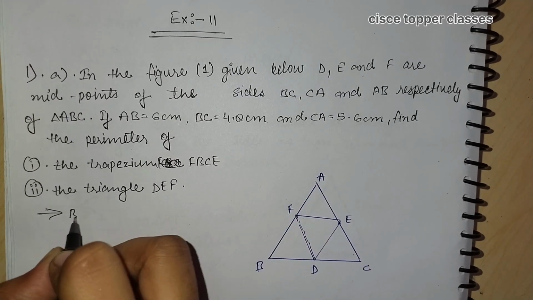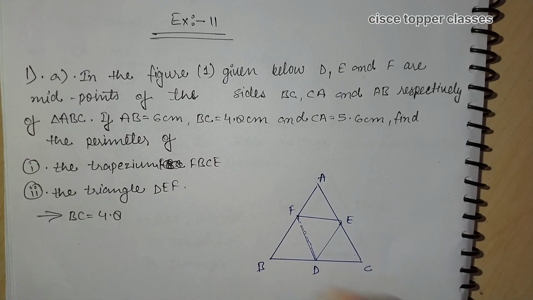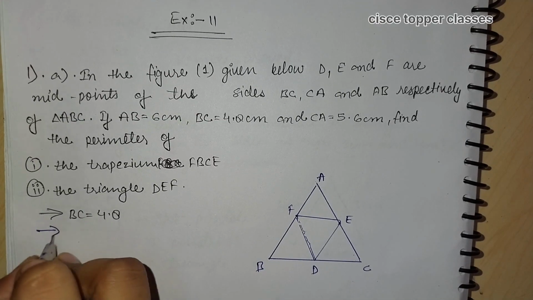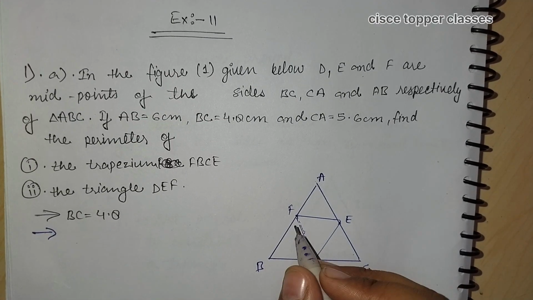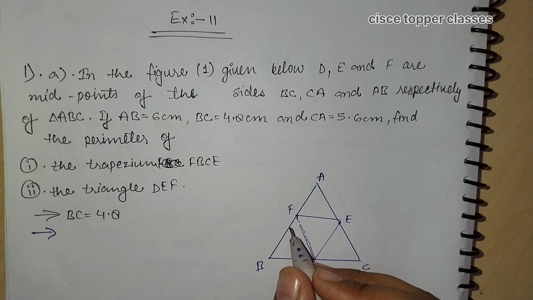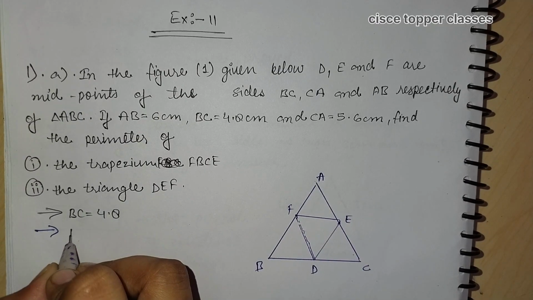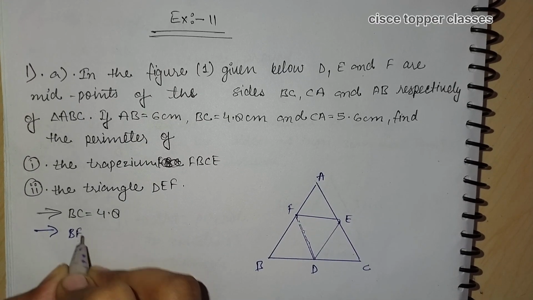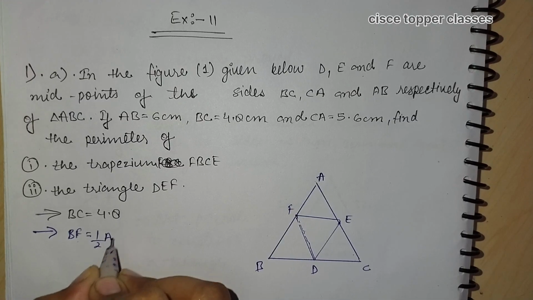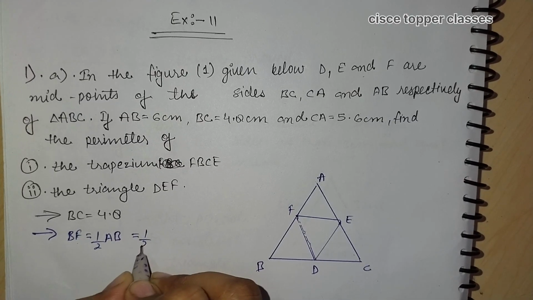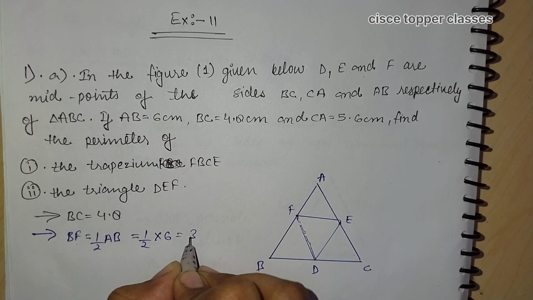BC is given to us as 4.8, and the second thing is FB. F is the midpoint of AB. So we have BF is equal to half of AB. Putting the value, we will get half into 6. This will be 3 centimeter.